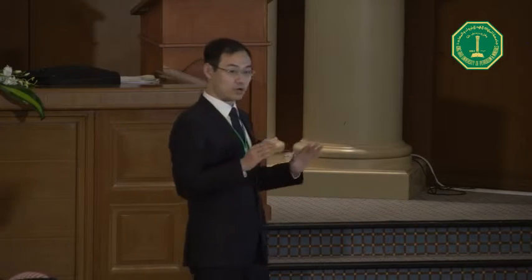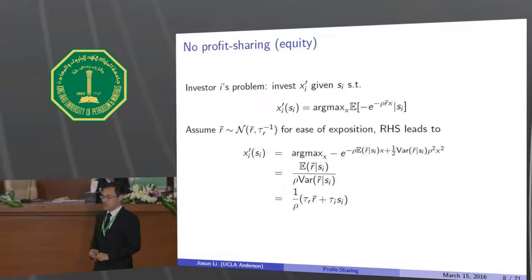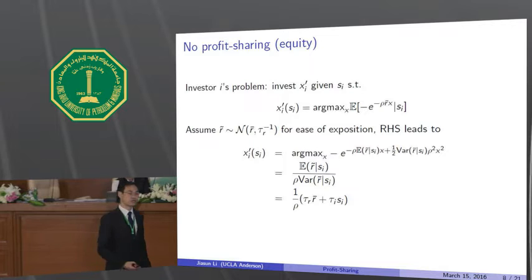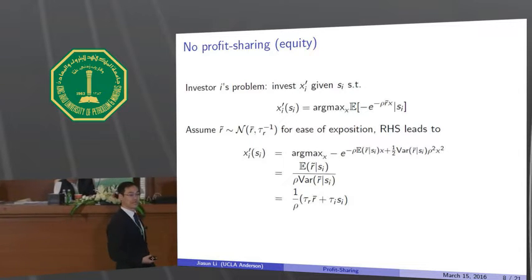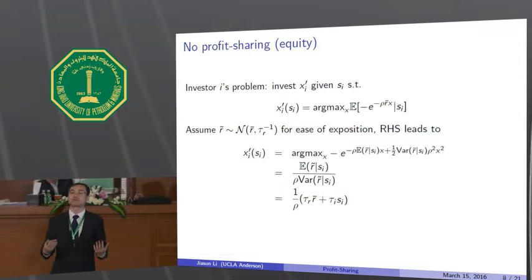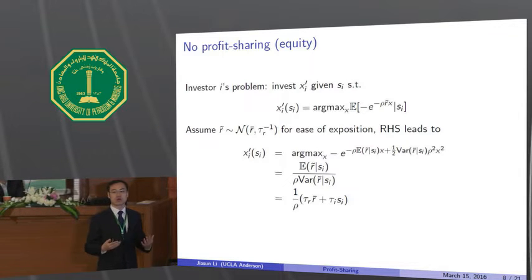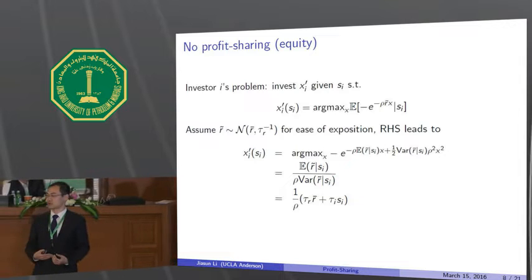So I'm going to give you a theoretical, mathematically rigorous proof of the arguments that I have made so far. The exercise is to consider 3 cases. The first case is to investigate the optimal investment strategy if we are organized under a typical, traditional equity contract.